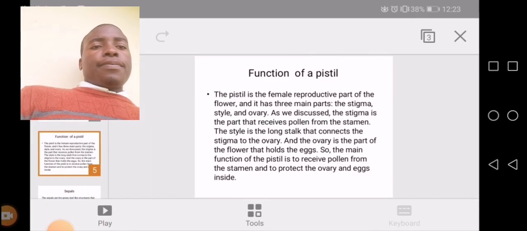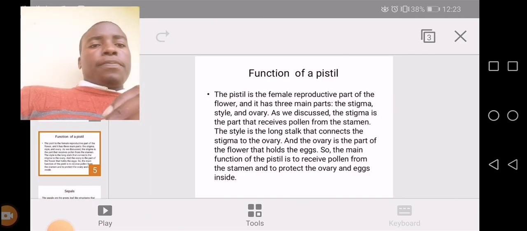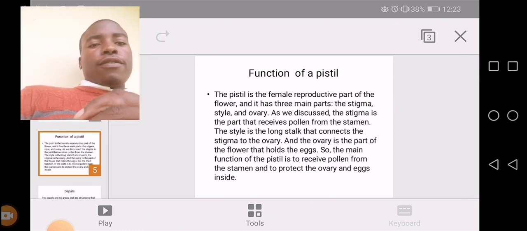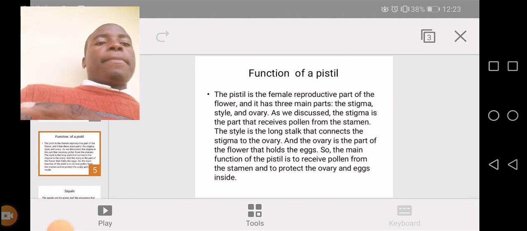The next step, the function of the pistil. The pistil is the female reproductive part of the flower, and it has three main parts: the stigma, the style, and the ovary. As we discussed, the stigma is the part that receives the pollen from the stamen. The style is the long stalk that connects the stigma to the ovary, and the ovary is the part of the flower that holds eggs.